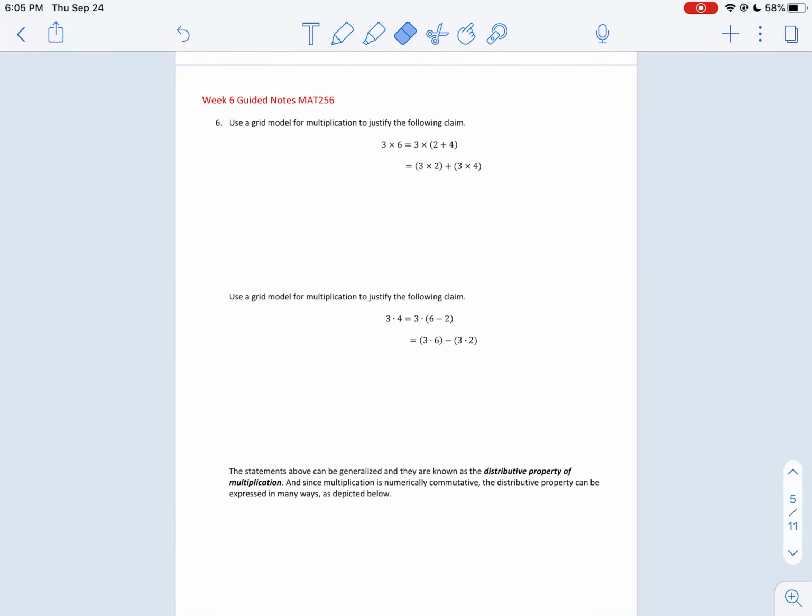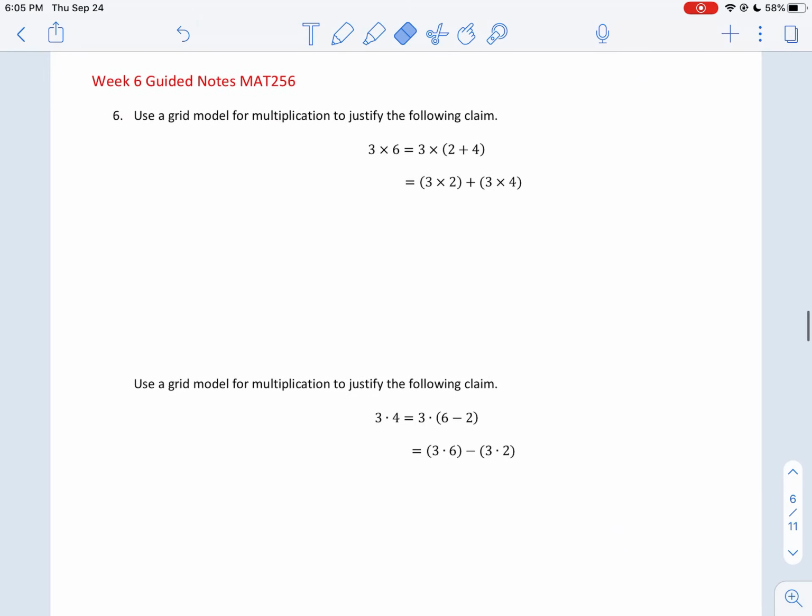Use a grid model for multiplication to justify the following claim. Okay, so we have 3 times 6 is equal to 3 times, and I just decompose 6 into 2 plus 4. And now the claim is that I can do 3 times 2 and then add that to 3 times 4. Okay, so let's do a grid model for 3 times 6.